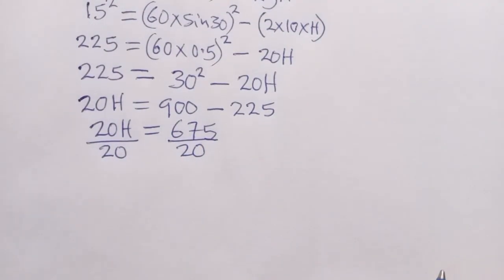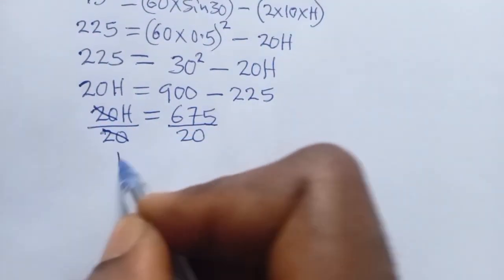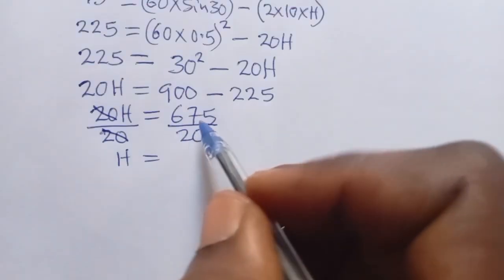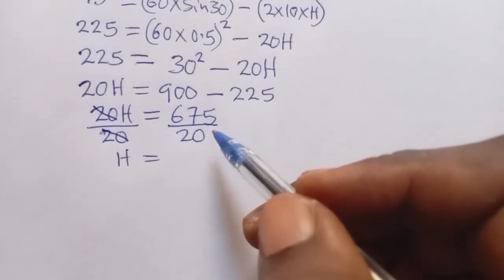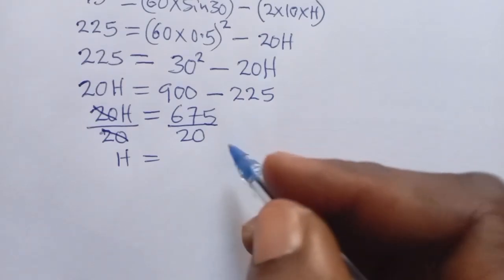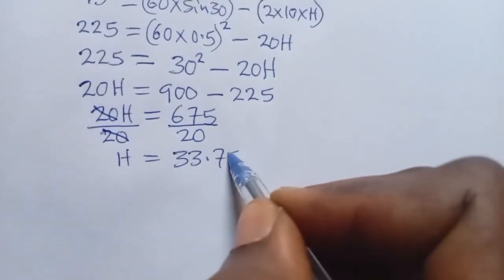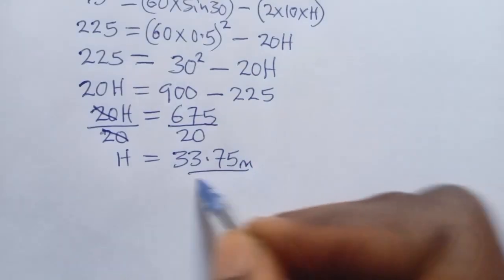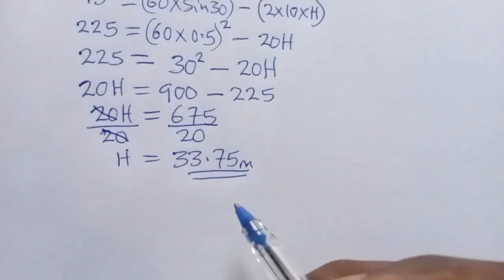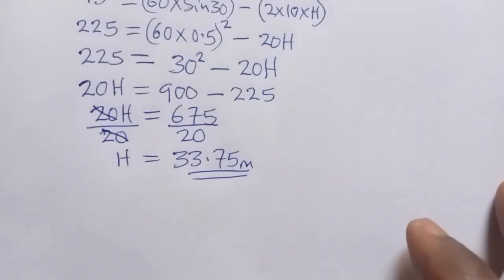And that will give me the value of the vertical height, because this 20 will cancel 20. And I have h is equal to 675 divided by 20 will give me 33.75 meter. So this is the vertical height in the question. So that is question B solved.